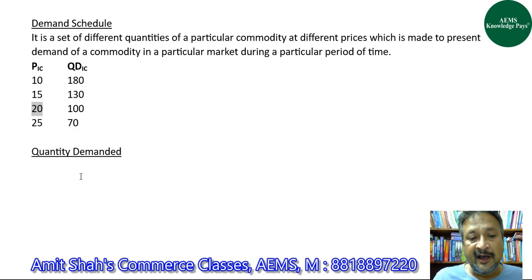I repeat, he asked me how many cups he would be able to sell if he keeps price per cup rupees 20. This time he is not asking demand, but he's asking quantity demanded. That is, quantity demanded is always at a particular price.